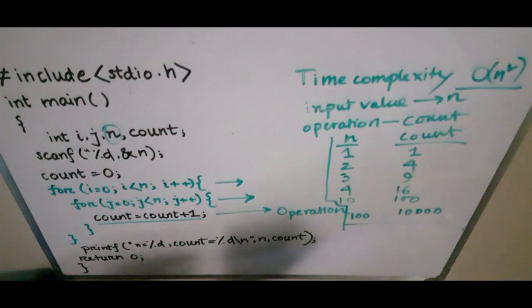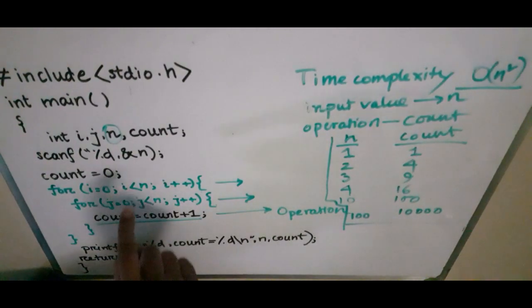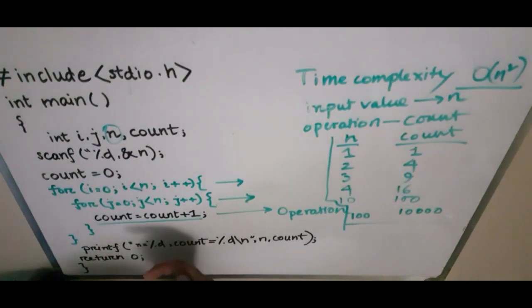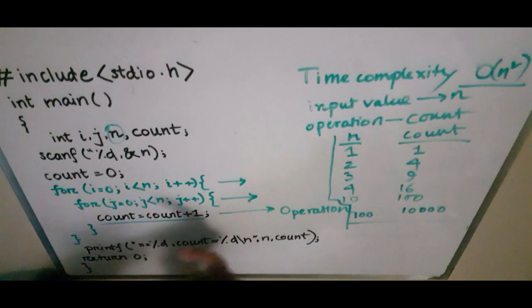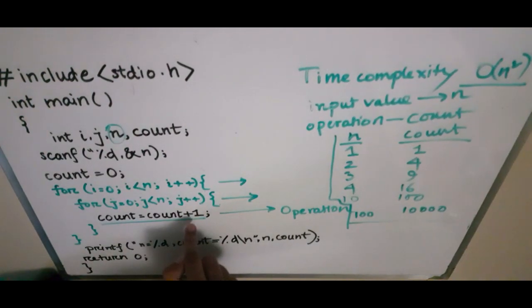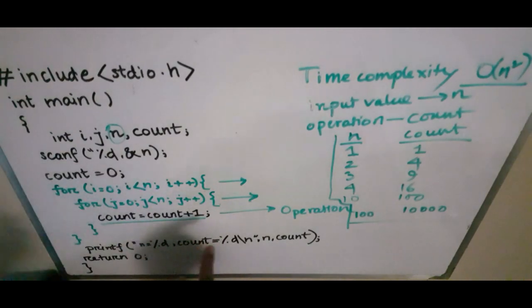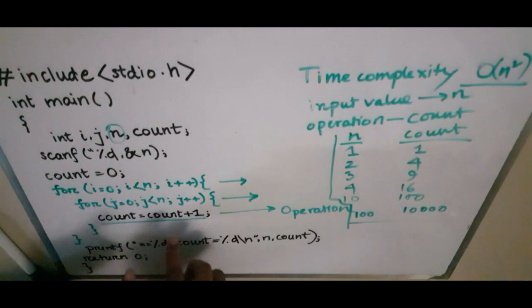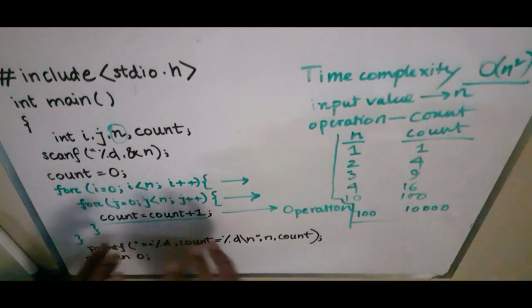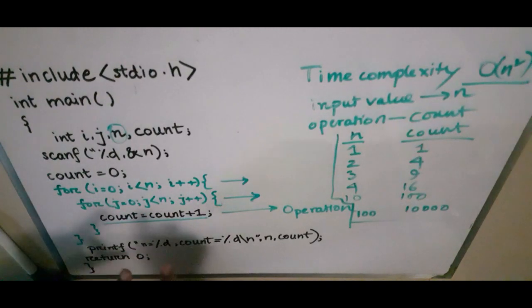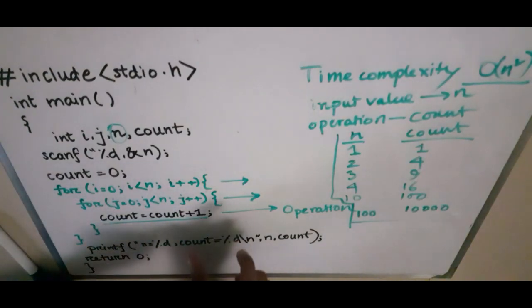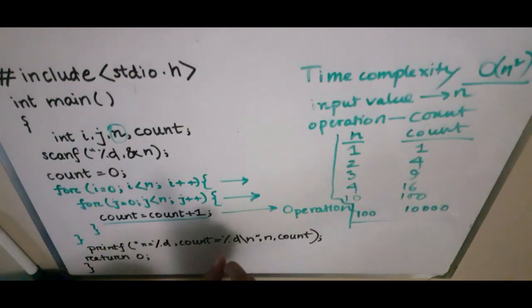Some of you might be saying that when you provide n equal to 1, inside this nested for loops we are actually having two operations, this plus and assignment. So instead of assuming these two operations, we can combine them together and assume both as one single operation, right?